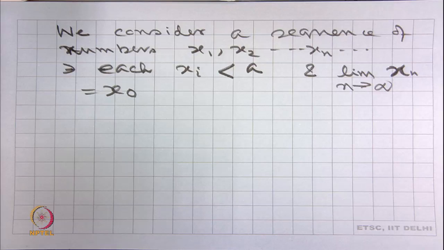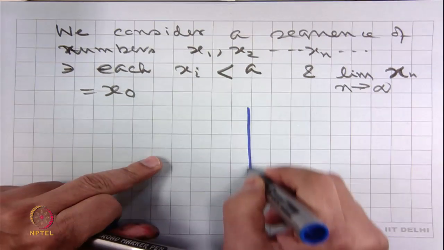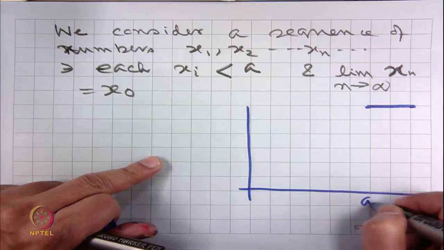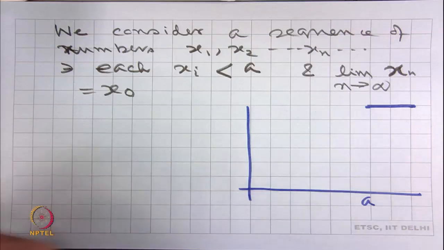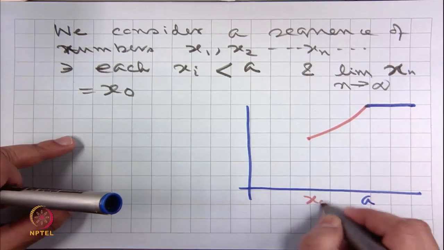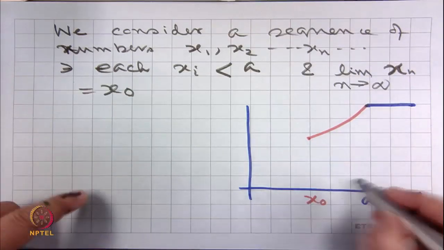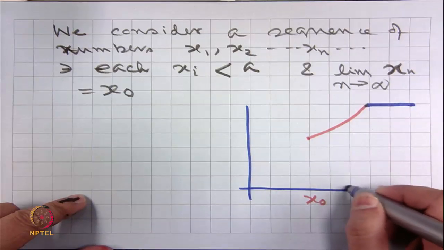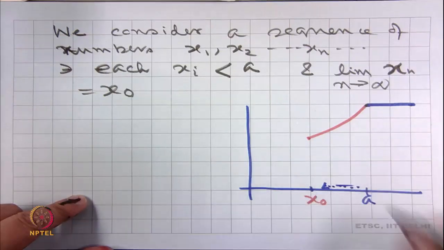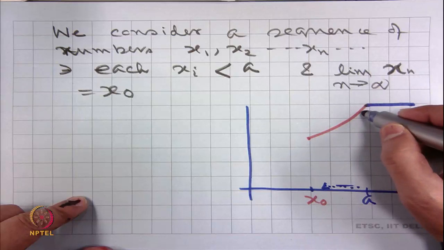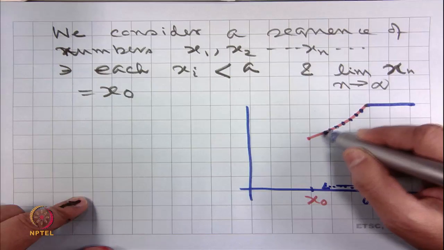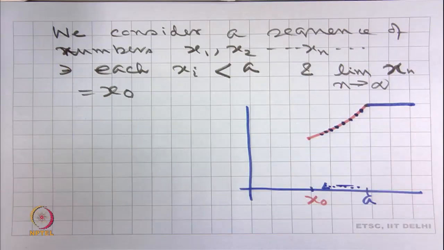So, we have A here, we have x naught here, and we are looking at points which are limiting to x naught from the right hand side, and these are their corresponding values of L x.